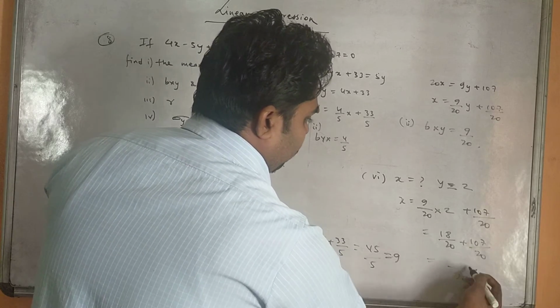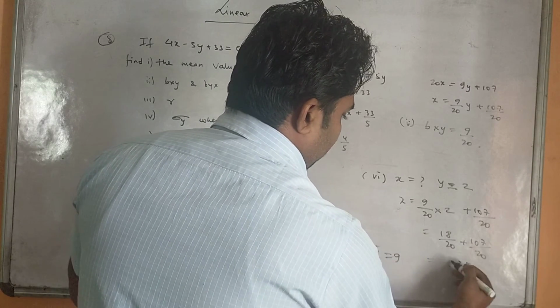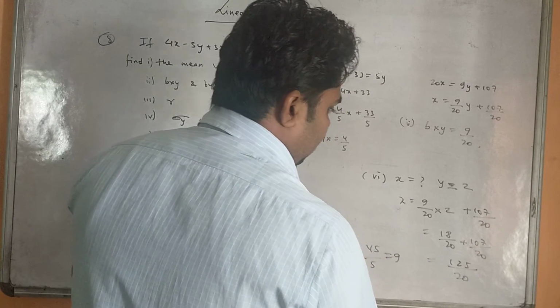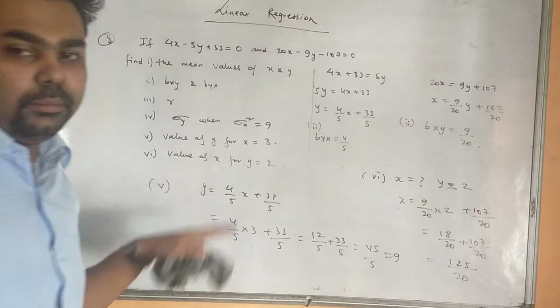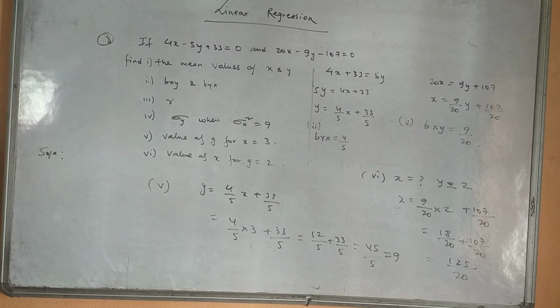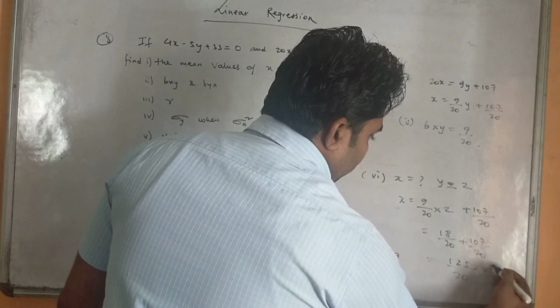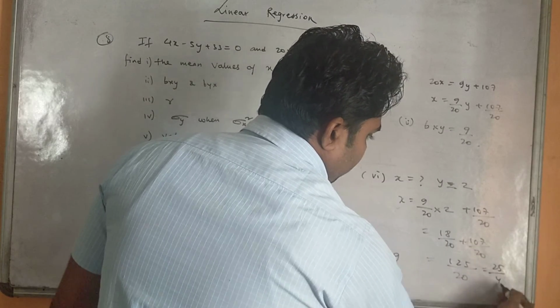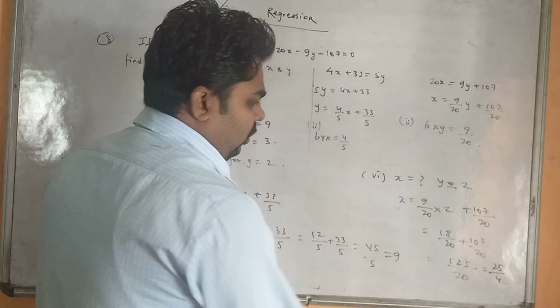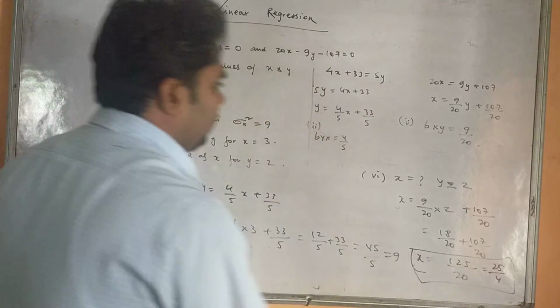Now we add this, that means 125 here, right? You can keep your answer in decimal, or you can keep your answer in fraction. Okay, so 125 by 20, that is 25 by 4. Or you divide and get the answer in decimal. So these are the required answers.